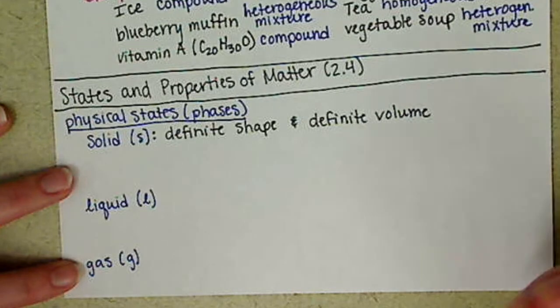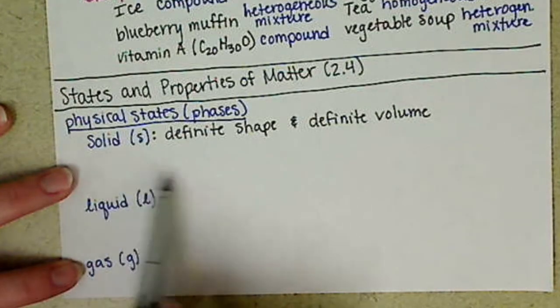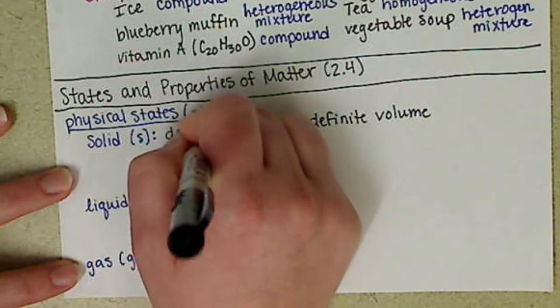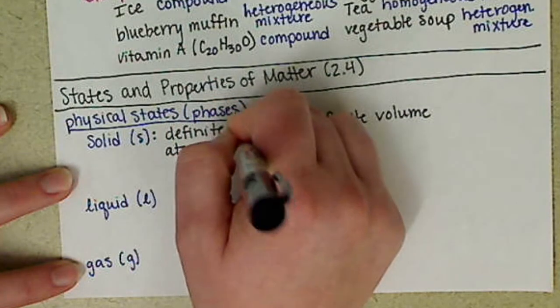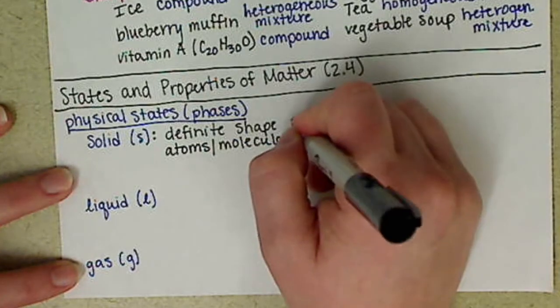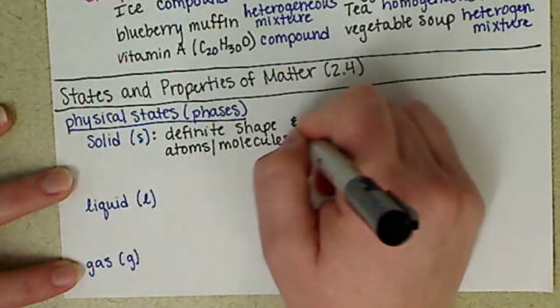If we think about this more on an atomic level, zooming in really close on our molecules, in a solid, the atoms or the molecules, depending on what we're looking at, are going to be very, very close. They're basically touching.